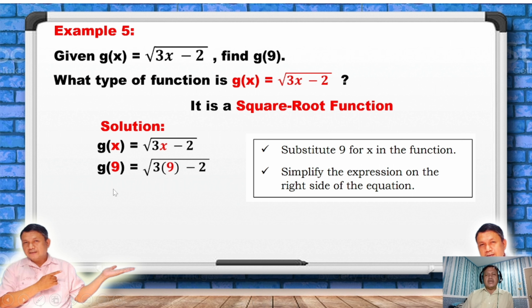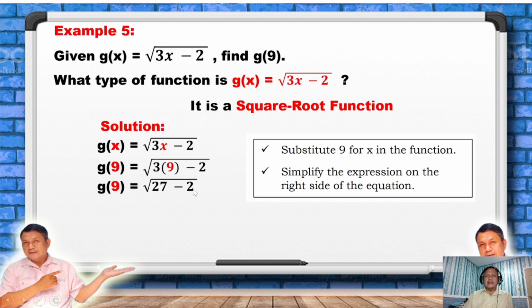So, g of 9 is equal to the square root of, magiging 3 times 9 is 27. Kaya magiging the square root of 27 minus 2. So, ang ipe-perform muna po natin or sisimplify muna natin ay yung nasa loob ng ating square root symbol. Okay, so ayun na ha. 3 times 9 is 27, copy negative 2.